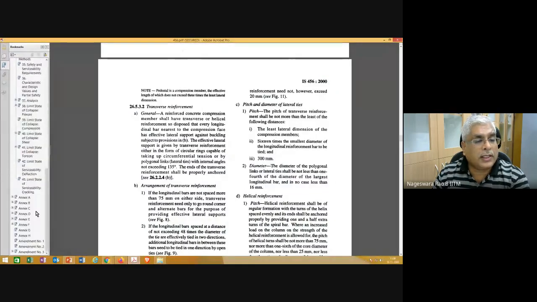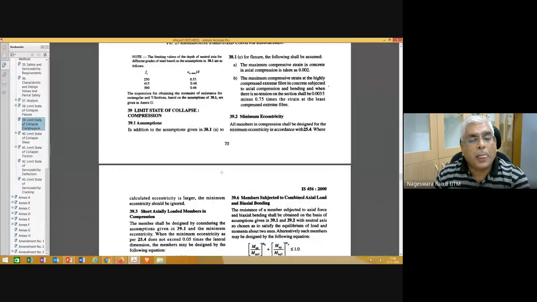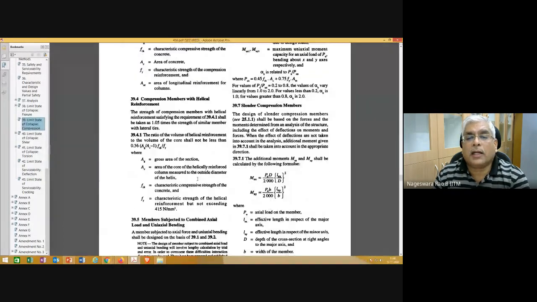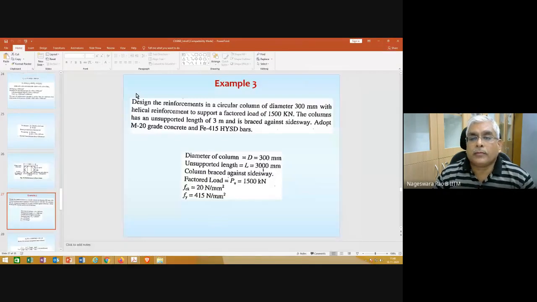To illustrate this clause 39.4, a circular column is selected, and helical reinforcement is chosen to be adopted for lateral ties.